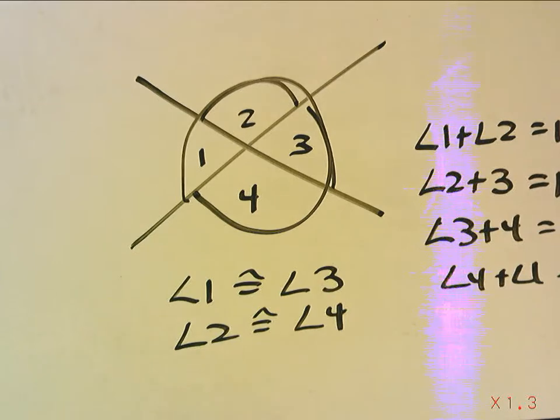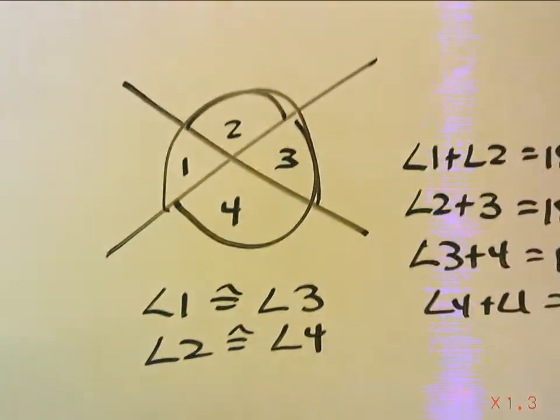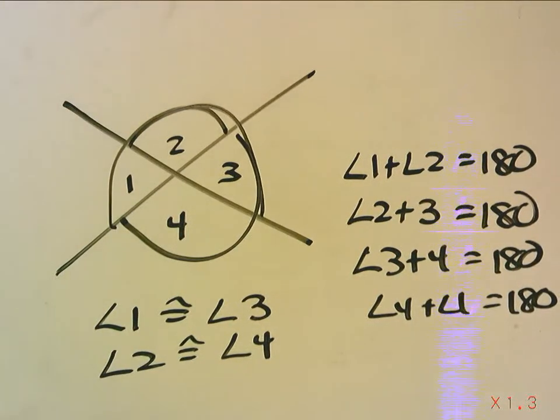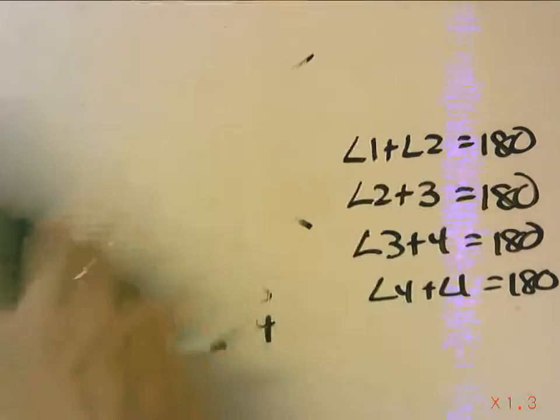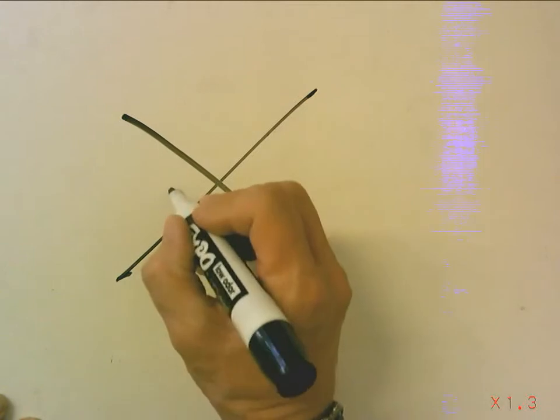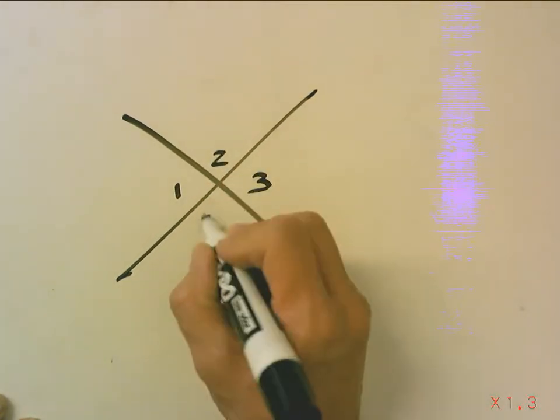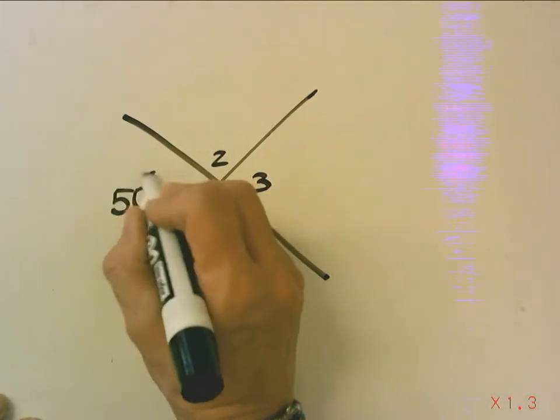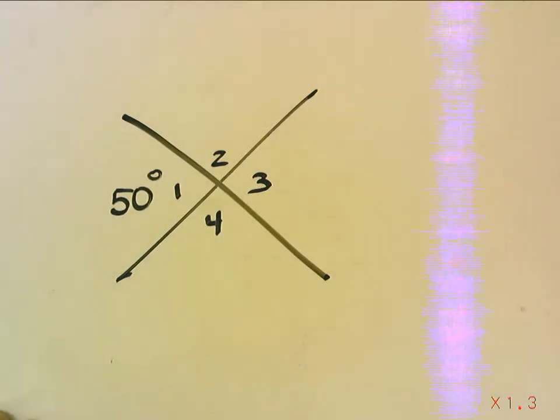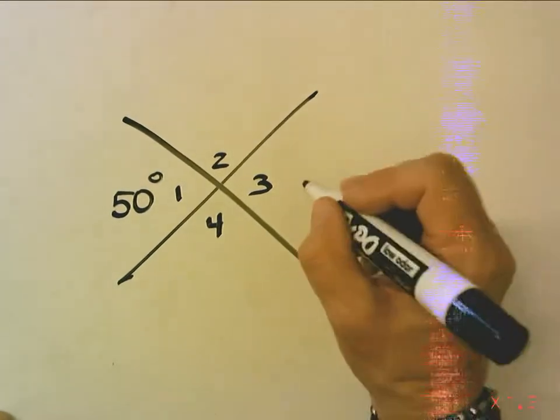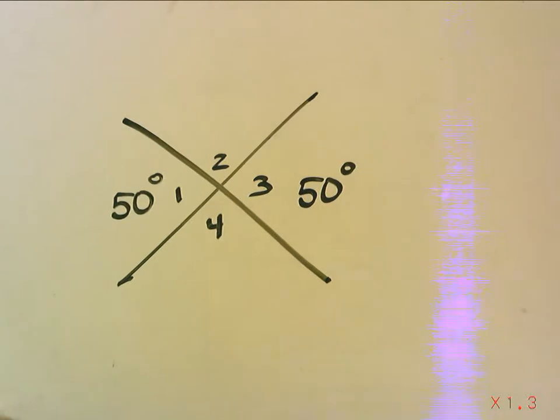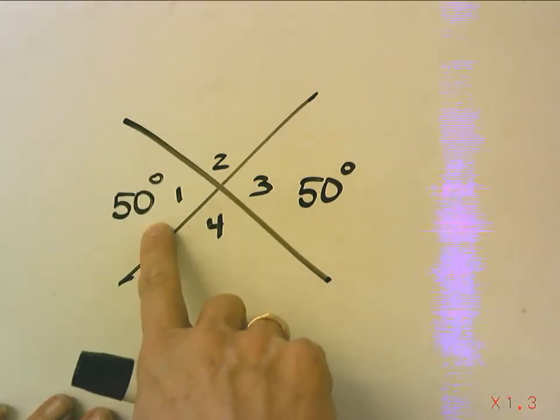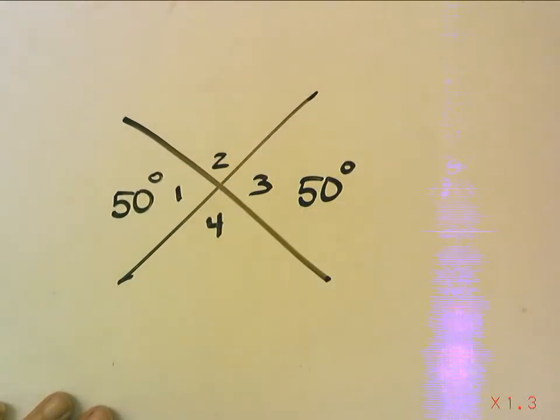Okay? So now, if that's the case, if I tell you this is 50 degrees, what would angle 3 be? Angle 3 would be 50 degrees. Now, if angle 1 is 50, how can I find the measure of angle 2?